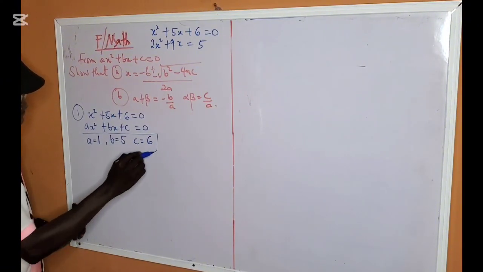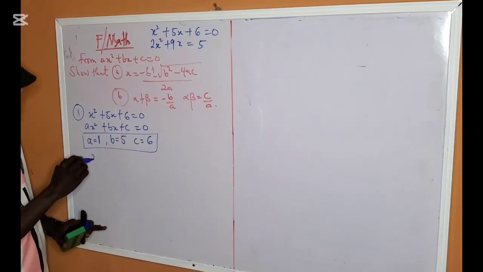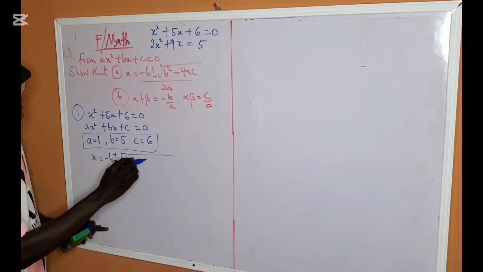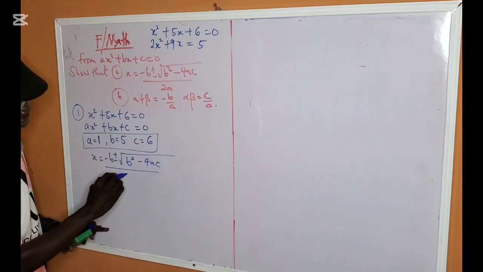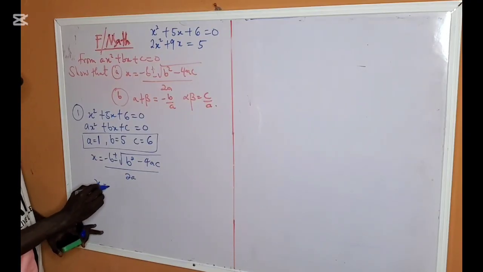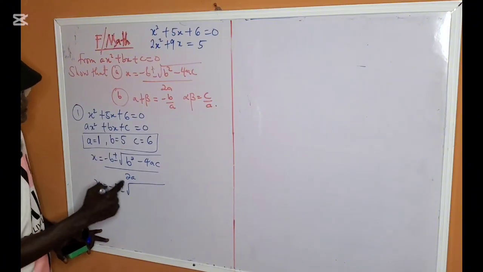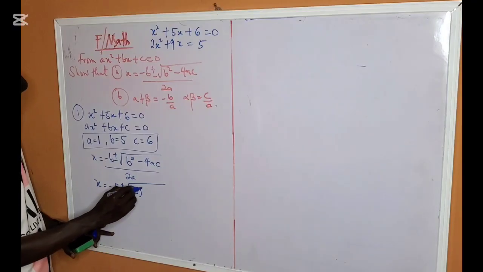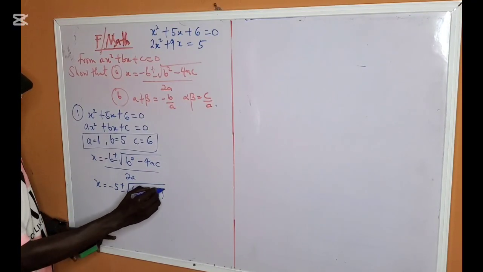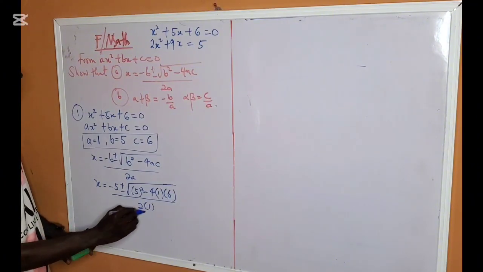After getting this, the next thing is to substitute it into the quadratic formula: x equals minus b plus or minus the square root of b squared minus 4ac, over 2a. So x equals minus 5, plus or minus the square root of 5 squared minus 4 bracket a, 1, bracket c, 6, over 2 bracket 1.